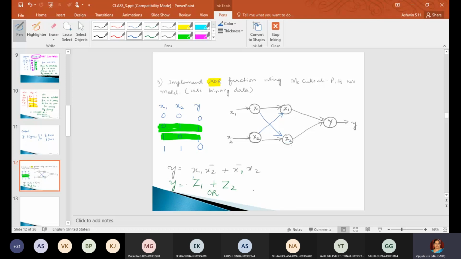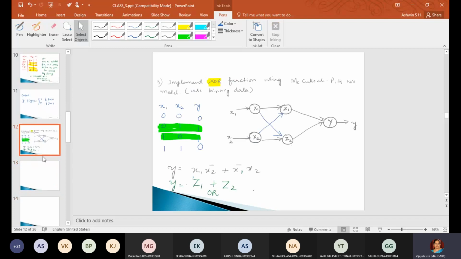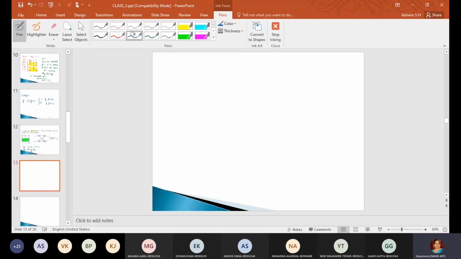So now the steps I will tell you. The first step to implement this XOR is z1, which is equal to x1 x2 bar. So you try to implement this function, x1, x2, z1. 0 0, 0 1, 1 0, 1 1, output 0 0 1 0.